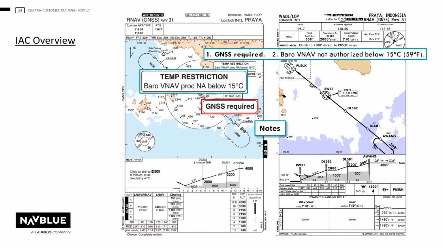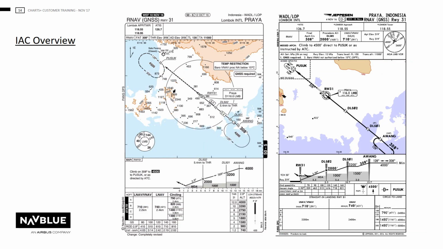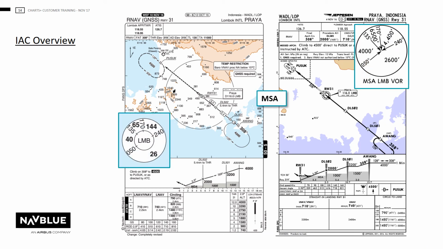Notes will be separated in their own boxes. The MSA sector, normally on a NavBlue chart, will be in the bottom right hand corner of the plan view.